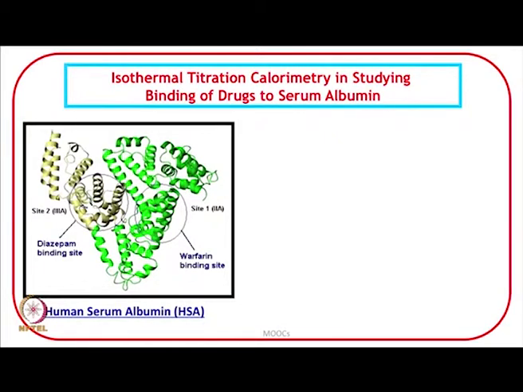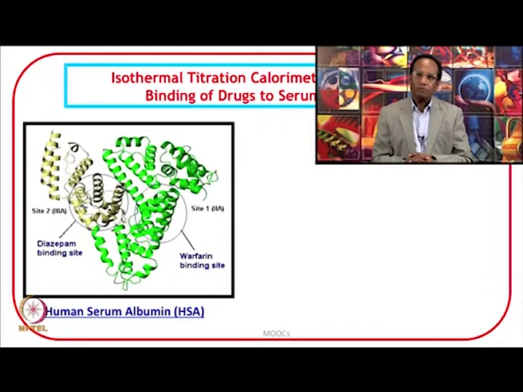Serum albumin is a plasma protein. It's a protein in the blood, and its concentration in the blood can be as high as 40 gram per liter. It is a major transport protein of a variety of molecules to the different parts of the body.